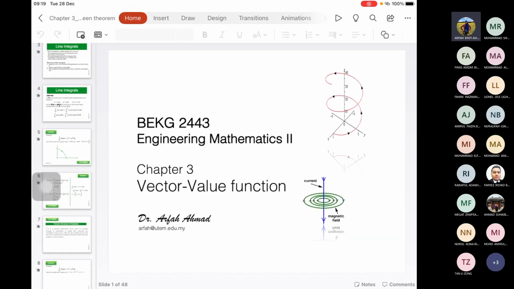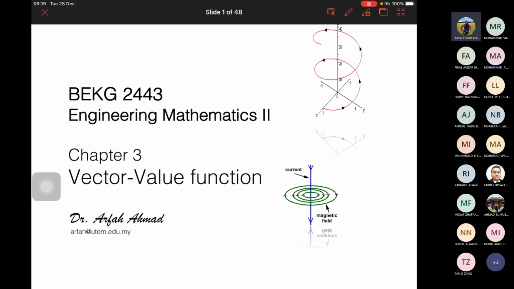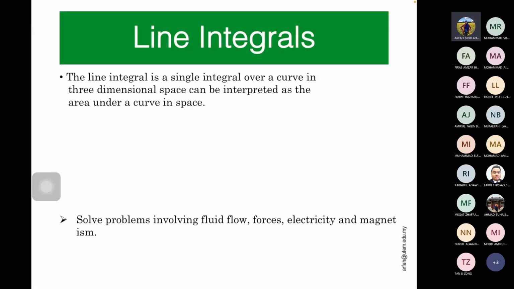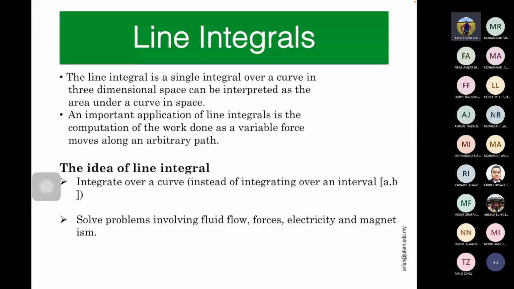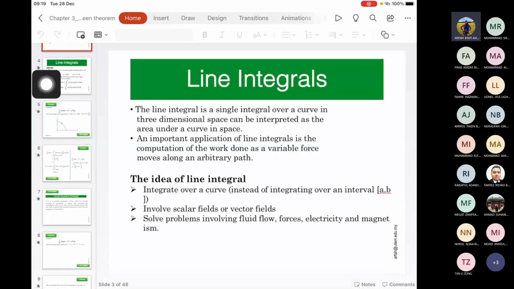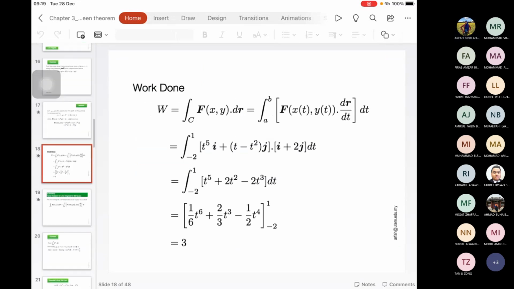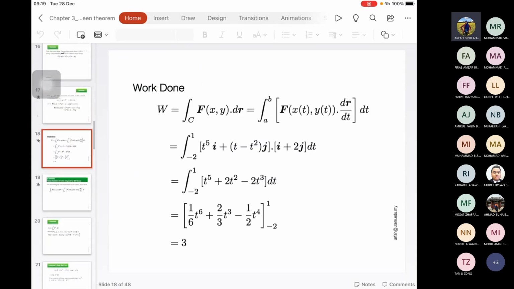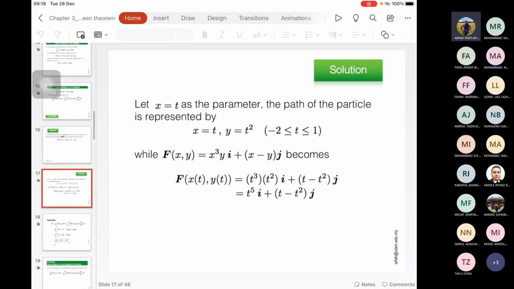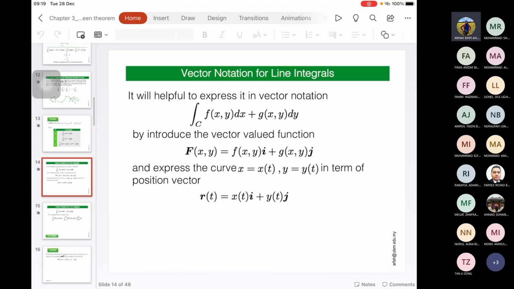Okay, so if we look at this example, previously from the line integral, it shows that if you want to get the integration for the given vector function, its work done, for example, for this one, you have this kind of theory.